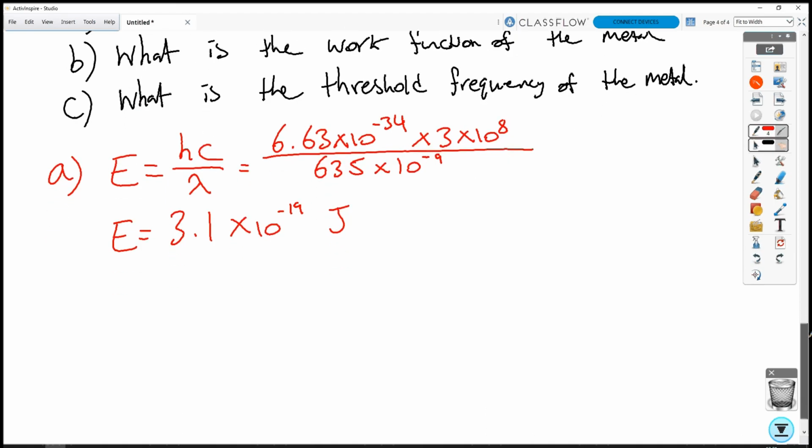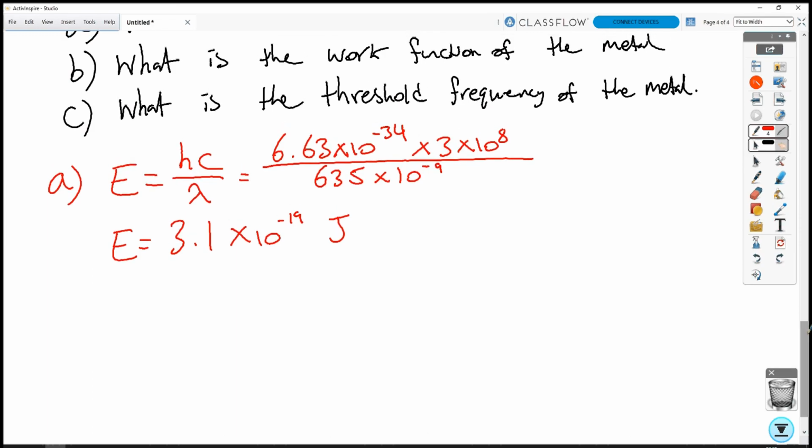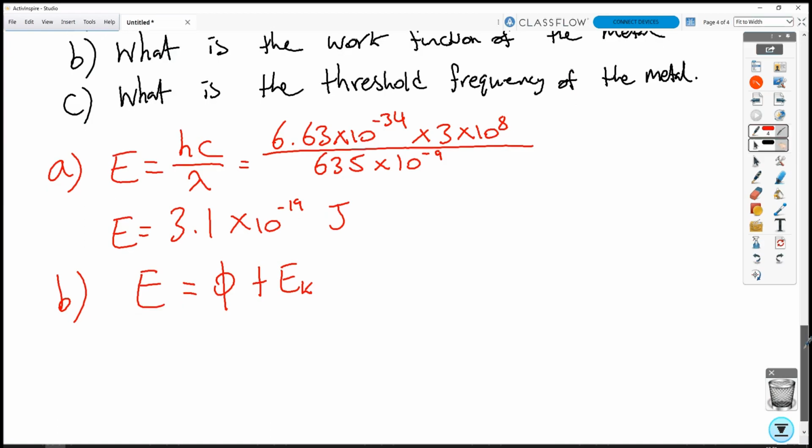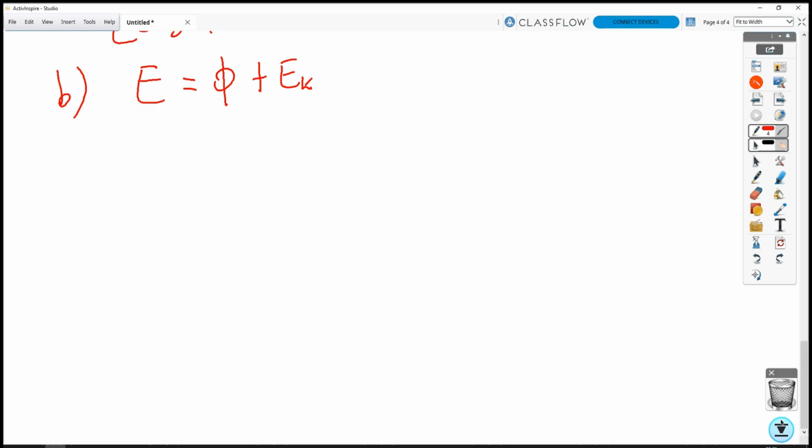So part B says, what is the work function of the metal? Now, we were given some kinetic energy. So we just need to use the formula. So we've got E, energy of the photon, is equal to phi plus Ek. So if we want to work out phi, we have to rearrange this equation. So we get phi equals E minus Ek.